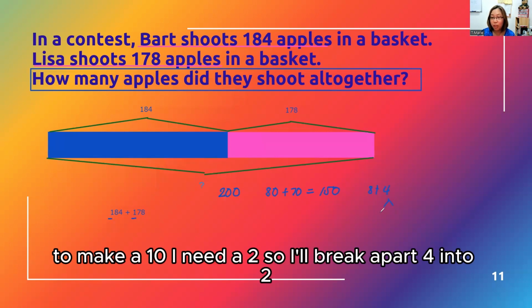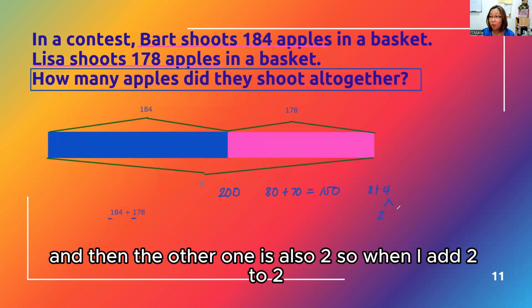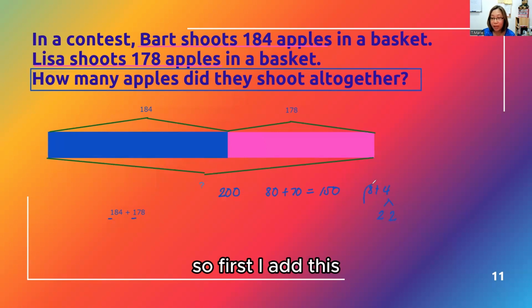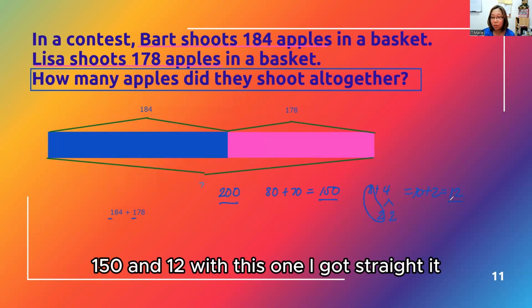So I'll break apart 4 into 2, and then the other one is also 2. So when I add 2 to 2, I get 4. So that's how we break it apart. So first I add this. 8 plus 2 is 10, plus 2 will give us 12. So I have here 200, 150, and 12.